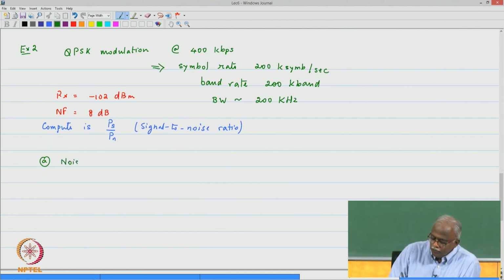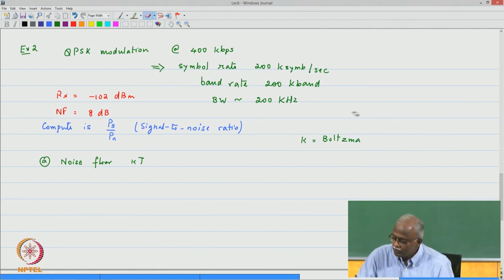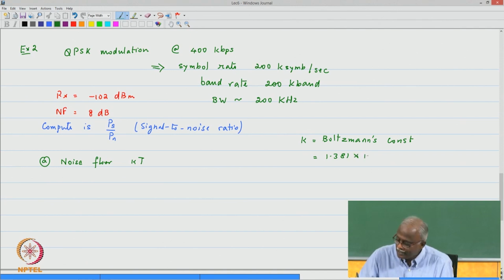So, the noise floor for the receiver, for the system, is given by K times T, where K is the Boltzmann's constant, as we have introduced in the last lecture. Its value is 1.381 times 10 power minus 23 joules per Kelvin.